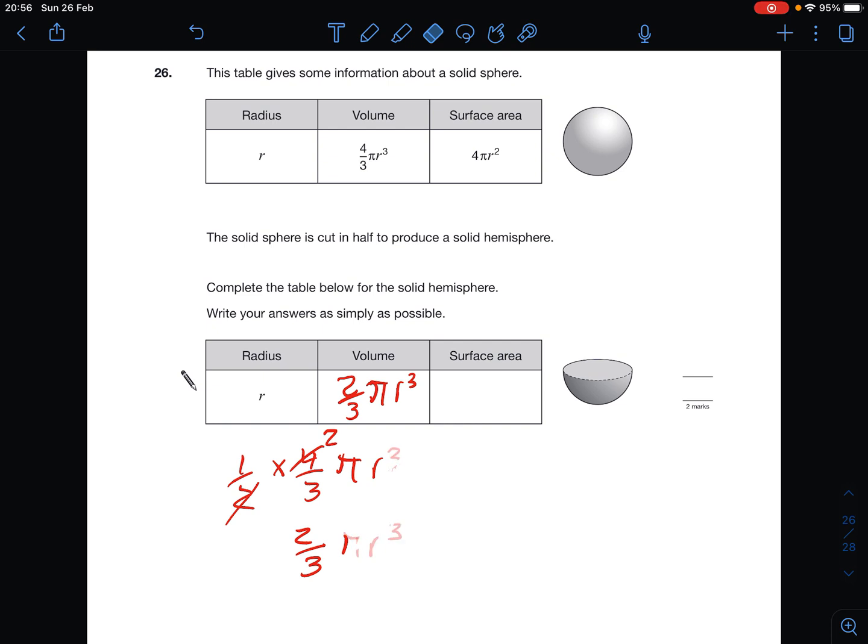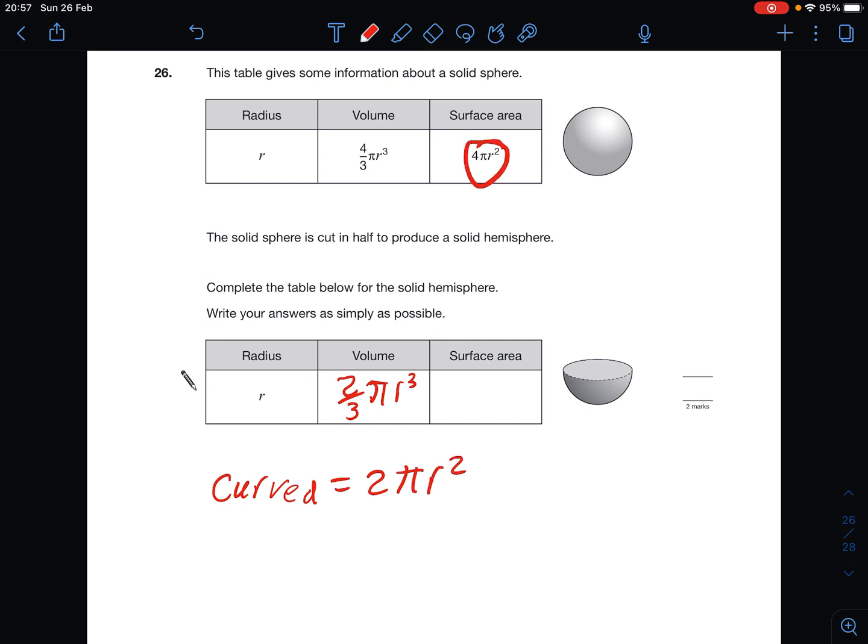Now the surface area is a bit hard, because you might be tempted to divide the surface area by 2 as well, because we've got half of it, but don't forget you actually have this new face on the top that we didn't originally have. Okay, so dividing it by 2 gives me this curved area on the outside, so curved area is going to be 2 pi r squared, just because it's this divided by 2.